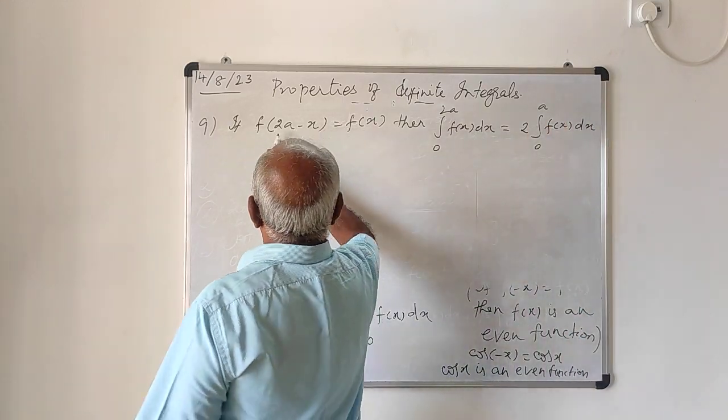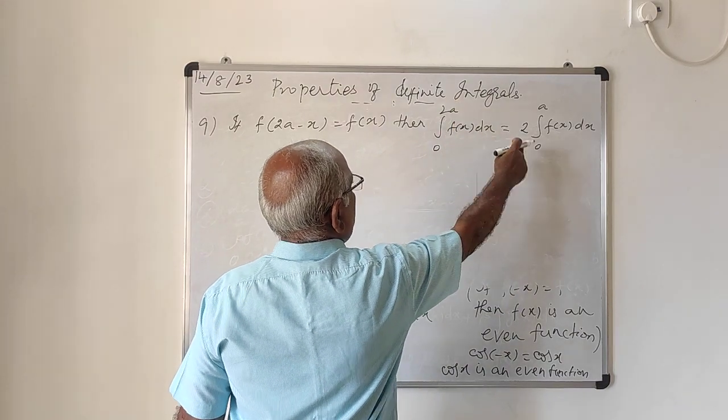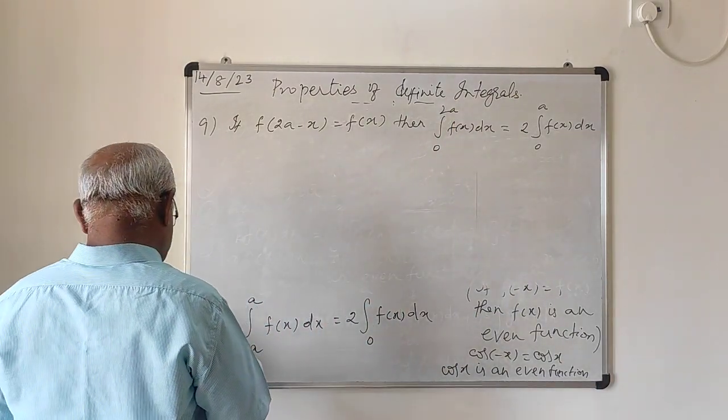It is one property. If f of 2a minus x equals f of x, then the integral from 0 to 2a of f of x is 2 times the integral from 0 to a of f of x dx.